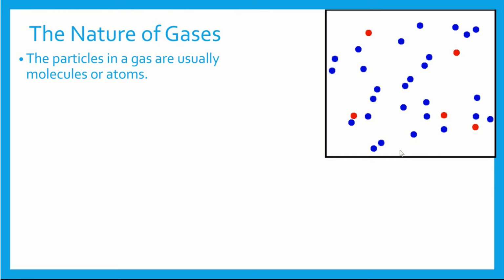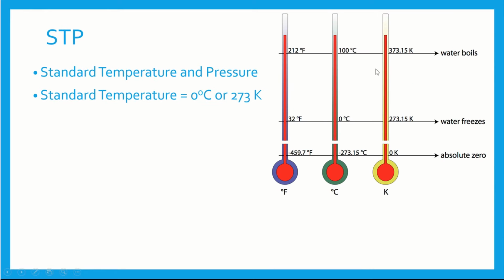Sometimes we want to do calculations and we don't want that negative value. So the Kelvin scale is the same as the Celsius scale, except it starts at absolute zero. The lowest possible temperature is 0 on the Kelvin scale, which means water freezes at 273.15 Kelvin and water boils at 373.15 Kelvin.